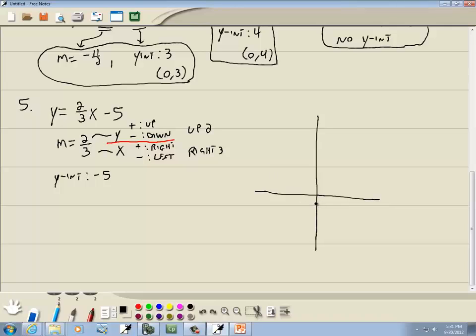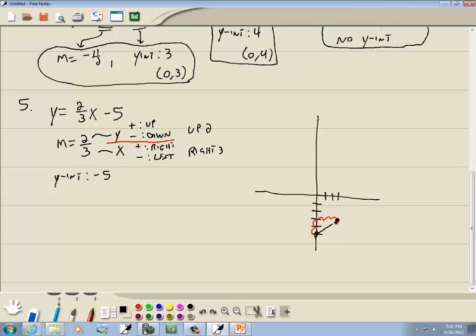Because the first thing we do is put a point at our y-intercept, which they tell us is negative 5. So I'm going to go to negative 5 and I'll put a point. Now from that point, we're going to use the slope to get our second point. And it says we're going to go up 2 and right 3. So we'll go up 2 and right 3, and that's where we'll put our second point.